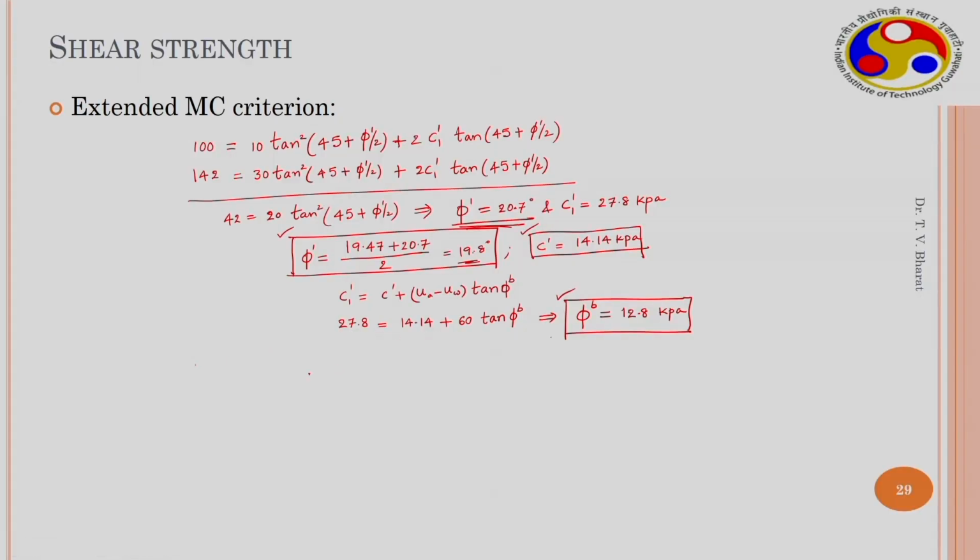So this is how we interpret the triaxial test data, and then you can write the expression: tau f is equal to (sigma minus UA) f tan phi dash, where phi dash is 19.8, plus (UA minus UW) f tan phi b, where phi b is 12.8 degrees, plus C dash, which is 14.14.